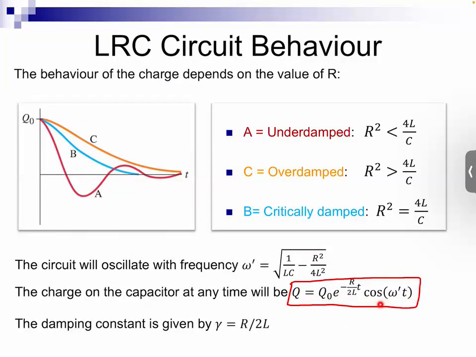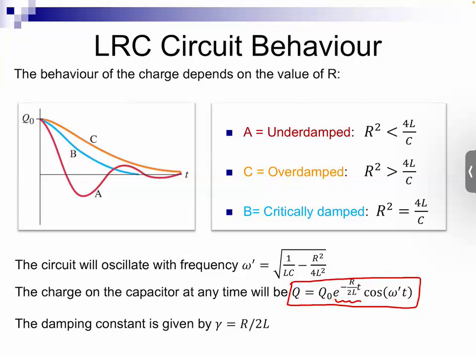The solution is given by this equation here, which is an exponential function with respect to time, but it also has a cosine term. As I mentioned, we will not go into a lot of detail, but we will only interpret the important factors that we can derive from this equation.